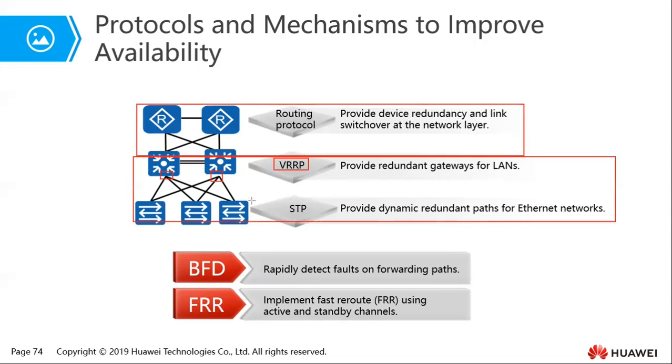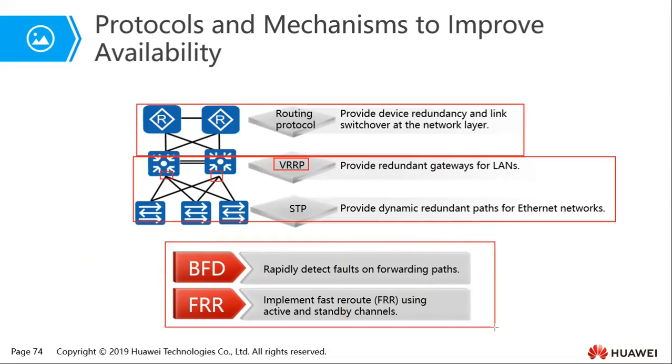Then we can configure STP so that we can have link switchover. In case one link goes down, then the other one can be enabled, and we can then go through that particular link. Other optional configurations are, for example, BFD, so that we can rapidly detect faults and therefore switch over to the alternative link.